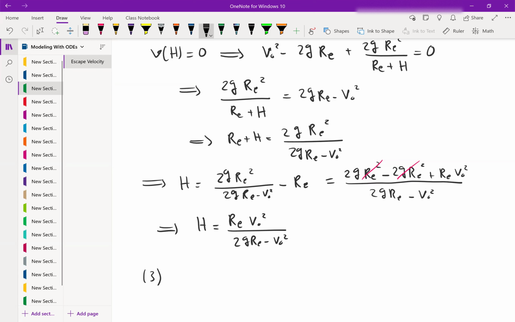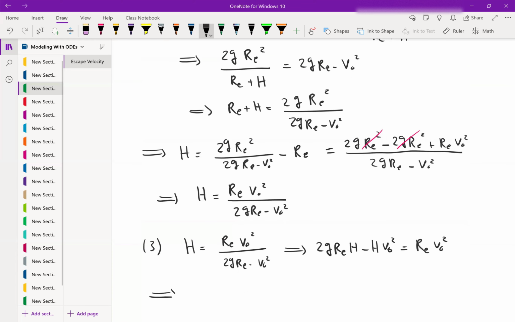So I'm going to say that H is equal to RE V0 squared divided by 2GRE minus V0 squared. So that means I can multiply both sides by the denominator of the right-hand side. So I will get 2GREH minus HV0 squared is equal to REV0 squared.